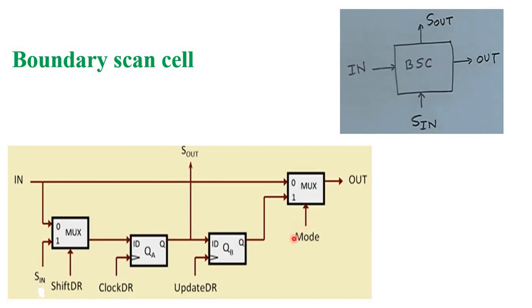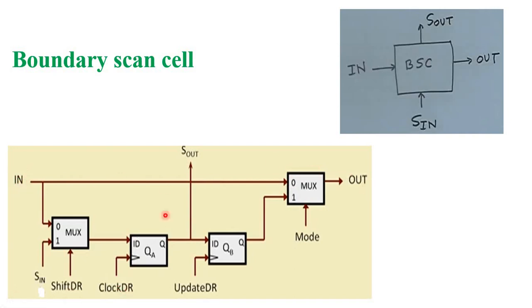Depending upon the mode of operation. If the mode is selected as 0, we can send the data from in to out. Why? Because the multiplexer is present. Through the mode we can select one of the signals. If I select 0, we can send the data from in to outside.